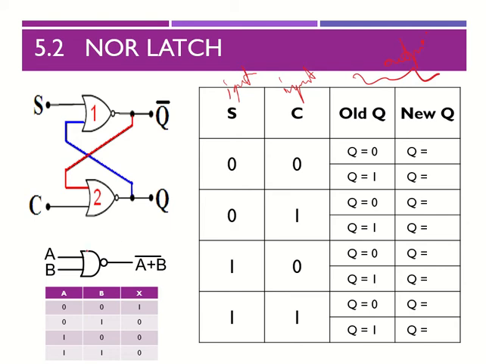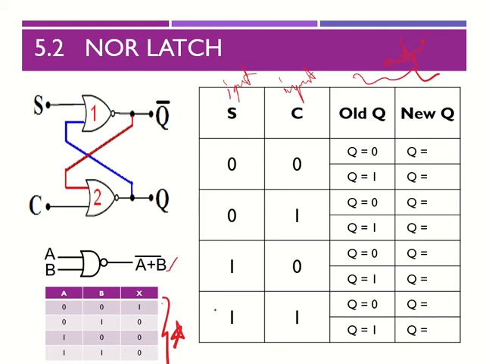So your truth table is going to be like this: when you have 0 0, the output is 1, and if you have 0 1, it's going to be 0. 1 0 will be 0, and 1 1 will be 0. So please remember this particular truth table, or if you are not really sure, please go back to my previous video where I mentioned this. Please make sure you are familiar enough with this before you start this work.